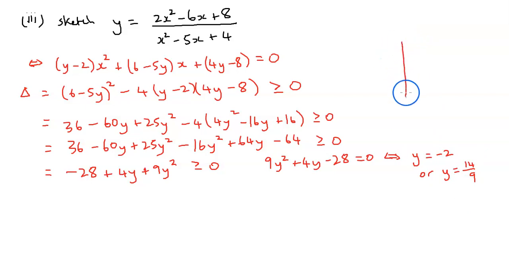And then just drawing the parabola, we can see that this thing is greater than or equal to 0 if y is greater than or equal to 14 over 9 or less than or equal to negative 2.